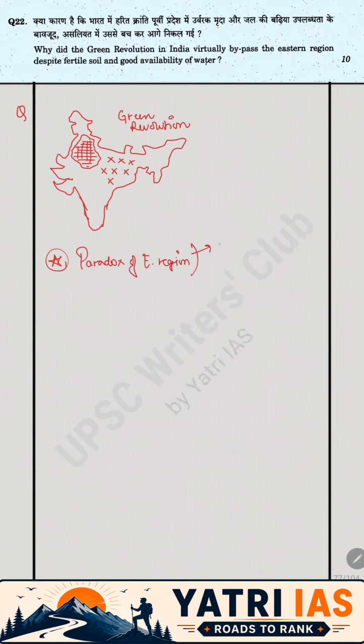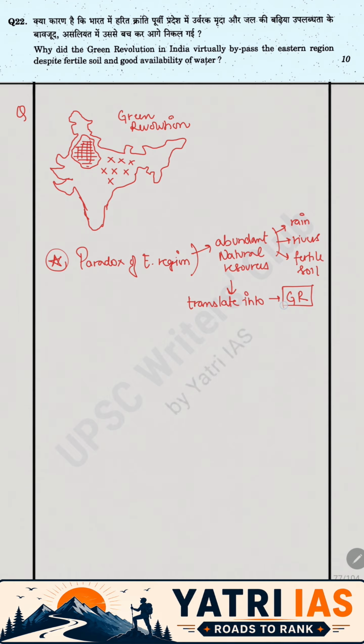Because the eastern region has abundant natural resources like rain, like rivers, like fertile soil. But all these favorable conditions could not translate into a green revolution in the region.